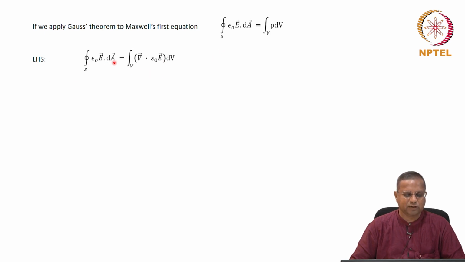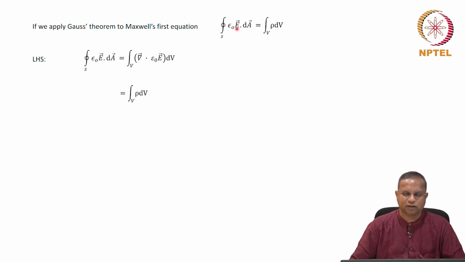Epsilon naught E dot dA is nothing but del dot epsilon naught E dV. This is surface and this is volume. So we replace the surface integral by this volume integral and equate these two.